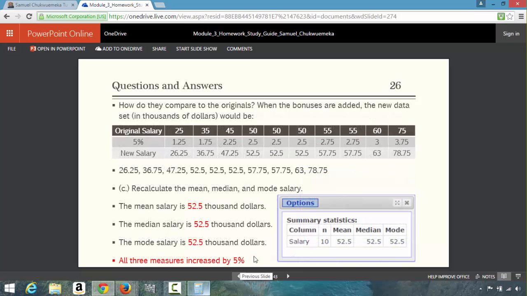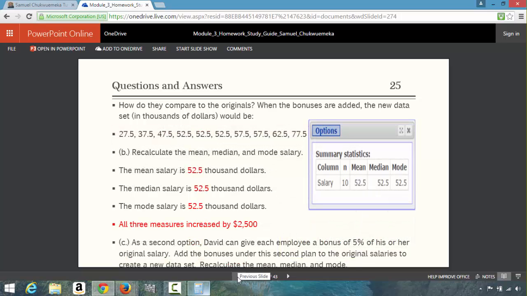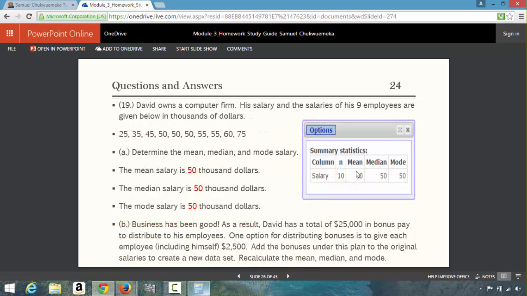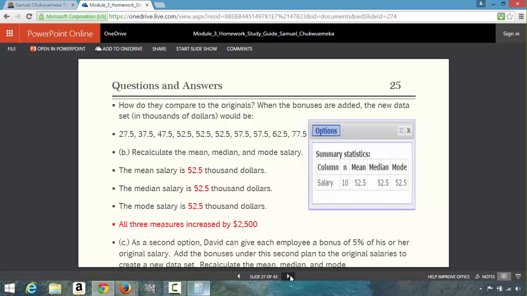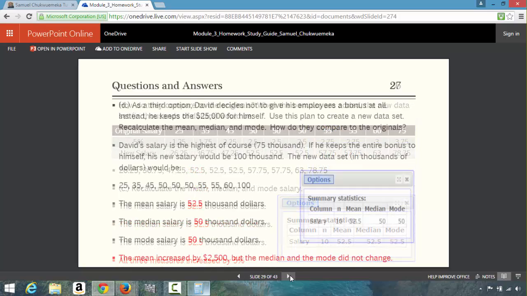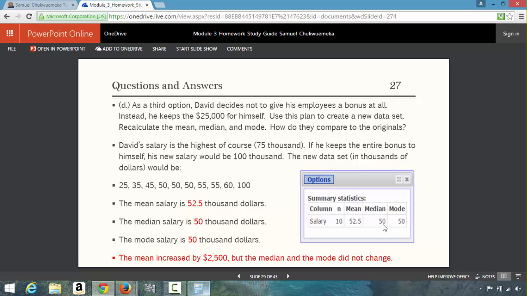If you look at this here, in the original data set, the mean is 50, 50, 50, 50. But in the third one, you have 52.5, 50, 50. So how much did this increase by?